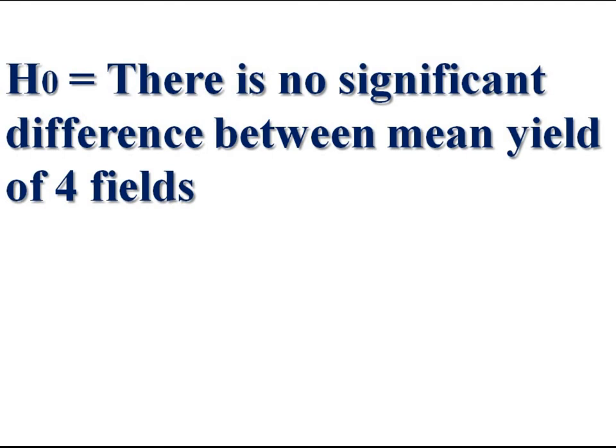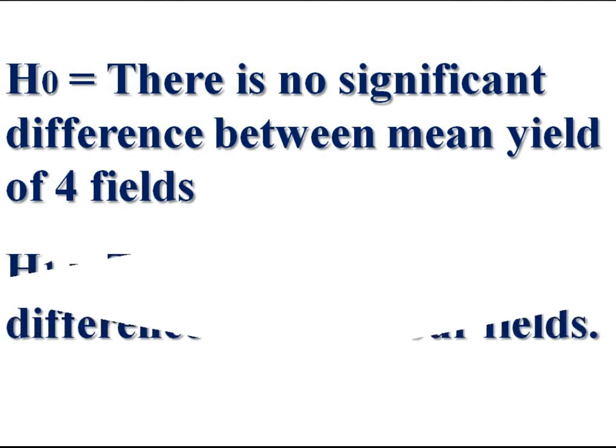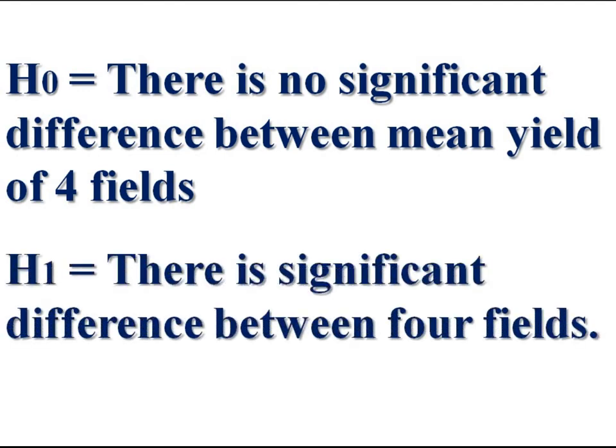There is no significant difference between the average yield of 4 samples. It is the null hypothesis. Alternative hypothesis: there is significant difference between the average of the 4 fields. Now we have null hypothesis and alternative hypothesis.